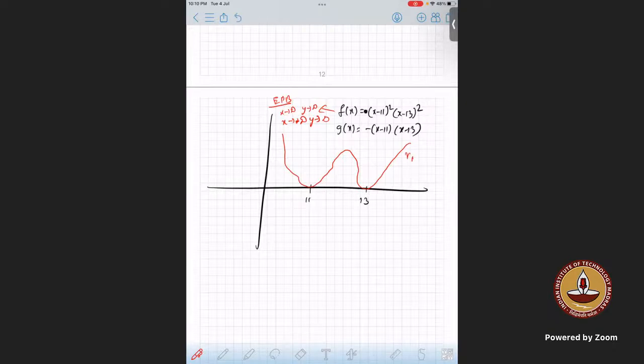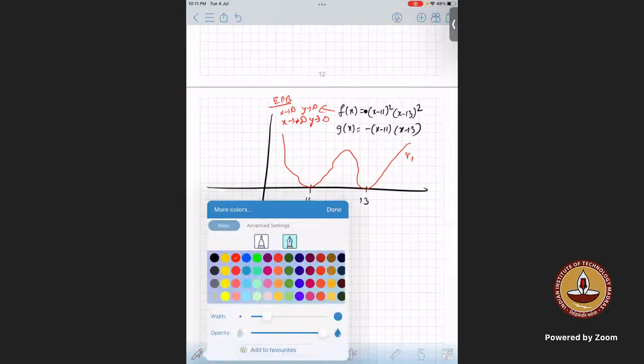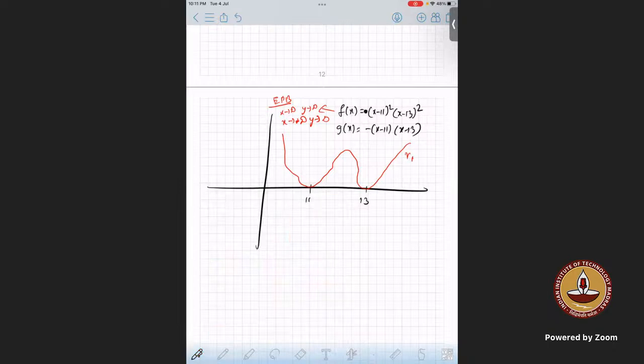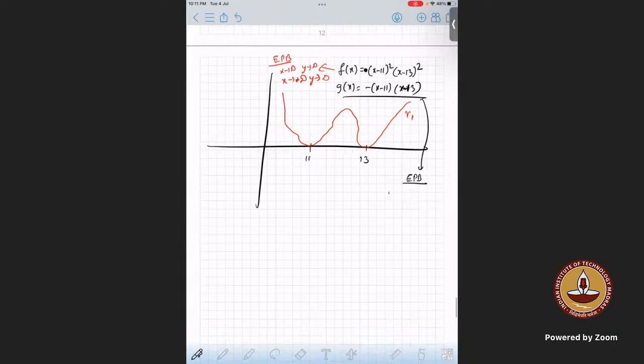Hello. And then coming to the other one, x minus 11, minus x minus 13. So here, endpoint behavior, EPB, means endpoint behavior. As x tends to infinity, y tends to minus infinity. As x tends to minus infinity, y tends to infinity.